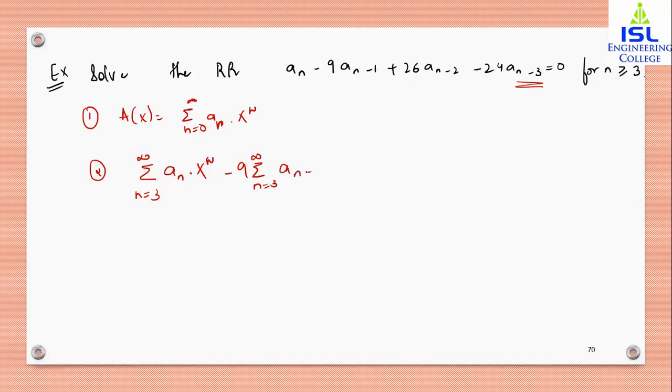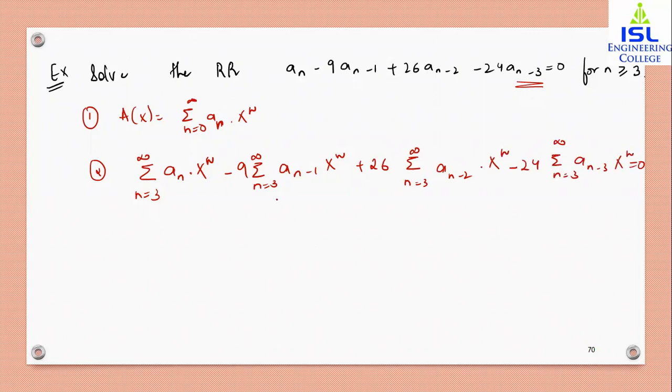An minus 1 x power n plus 26 the sum from n is equal to 3 to infinity an minus 2 x power n minus 24 the sum from n is equal to 3 to infinity an minus 3 x power n is equal to 0.